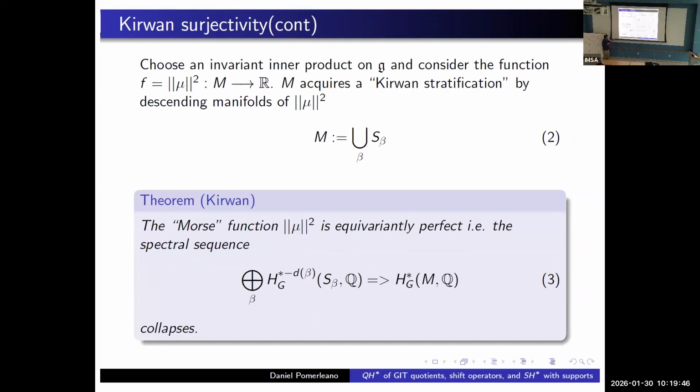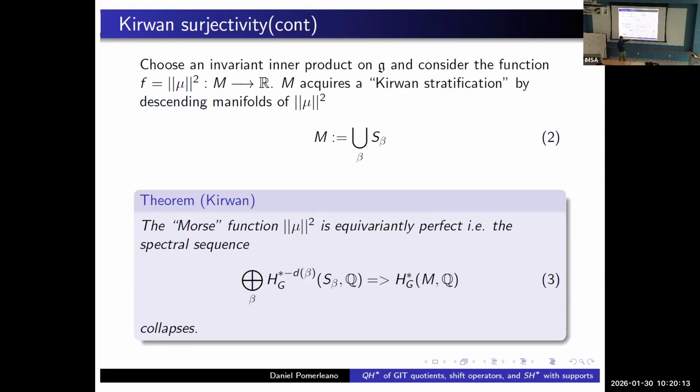You choose some invariant inner product, and you consider the norm squared of the moment map function. This is not quite a Morse function, but Kirwan proved that it's good enough that you still get a stratification by descending manifolds, a Morse stratification, and then her main result is that this Morse stratification is equivariantly perfect.